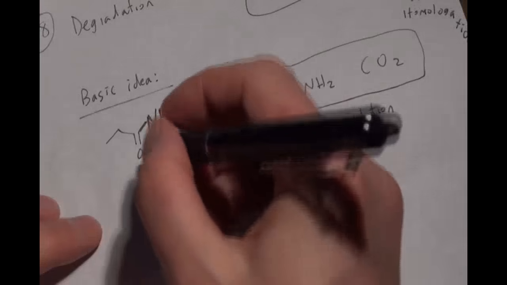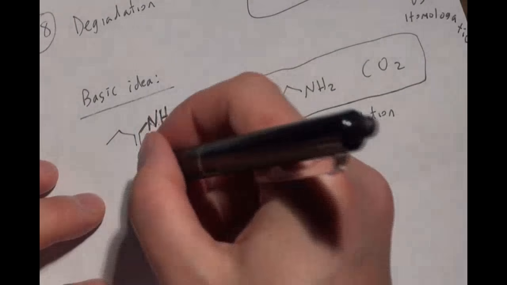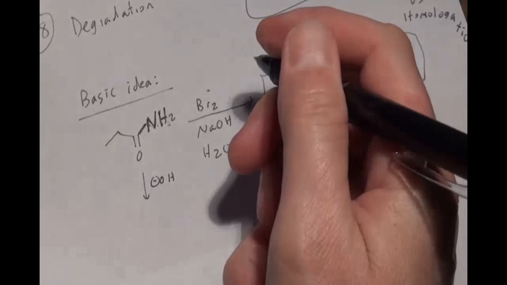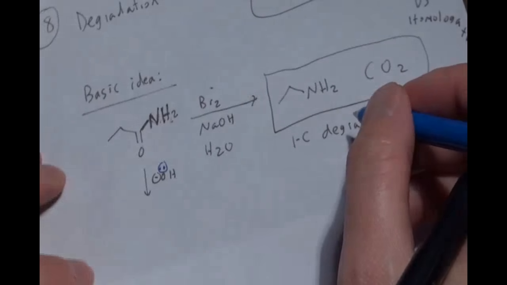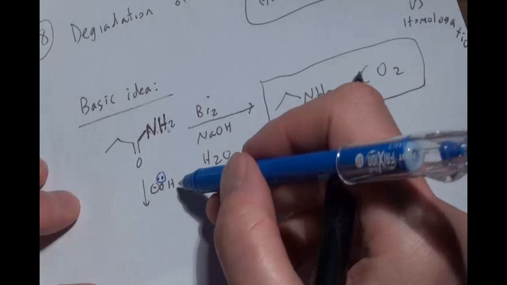Okay, so what do you think happens? Well, OH minus is a base, and what do bases do? Bases take protons, and we're going to use hydroxide as a base.